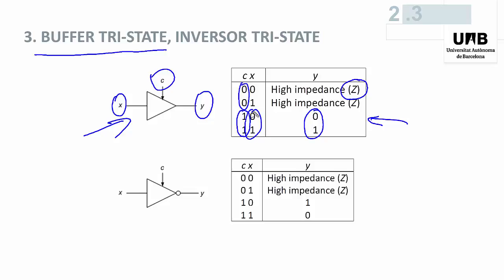Similarly, we can define three-state inverters. When c is 0, the output is equal to Z, high impedance, and when c is 1, the output is the inverse of the input.